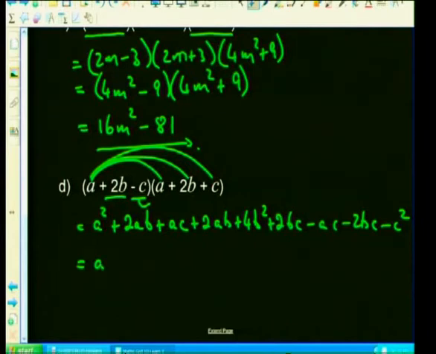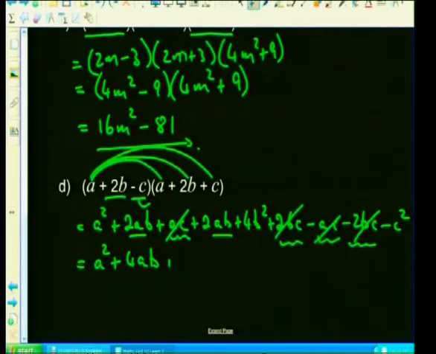Well, let's quickly gather like terms. A squared, I've got 2ab's and another 2ab's to give me 4ab's. I've got an ac term and an ac term over there that would disappear because they would cancel each other out. I've got a minus 2bc and a minus 2bc over there, which would cancel each other out.